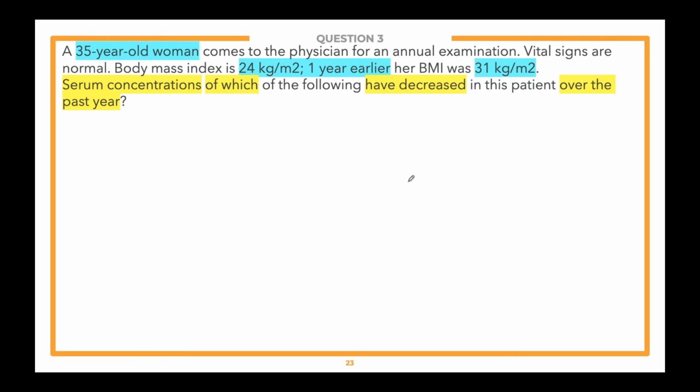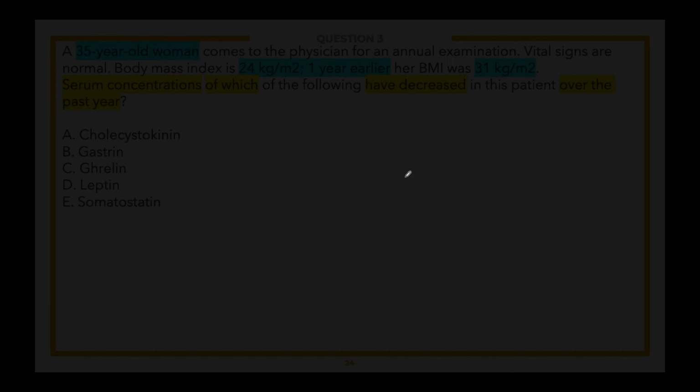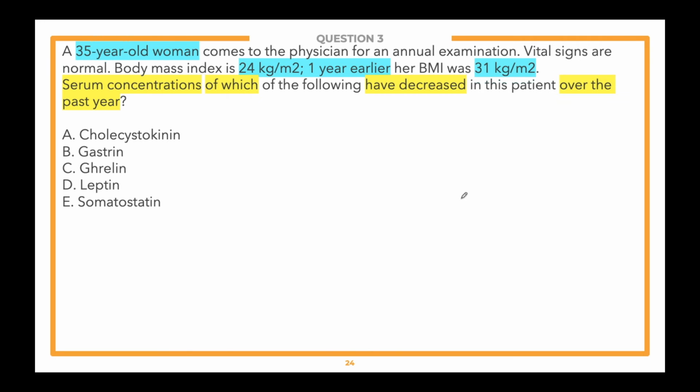Okay, so maybe a two-step question here. So let's go ahead and take a look at those answer choices. Once again, we're going to start at the bottom and work our way up to the top. Answer choice E, somatostatin. D, leptin. C, ghrelin. B, gastrin. And A, cholecystokinin.